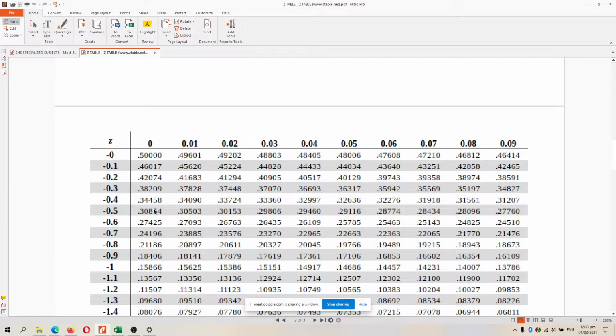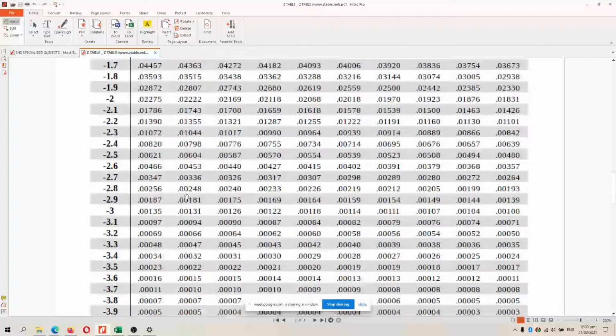So, again, 0, tapos 1. So, dun tayo sa 2.8. We have 2.80. Ano hinahanap natin? 2.87. So, 2.80, 81, 82, 83, 84, 85, 86, and 87. So, ano ang ating probability under 2.87?